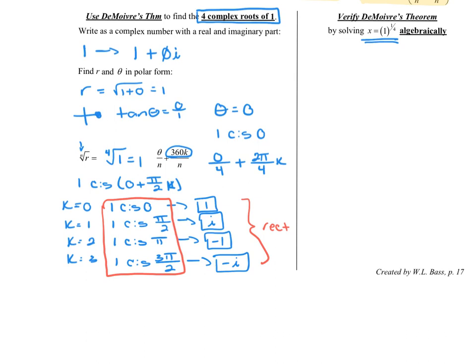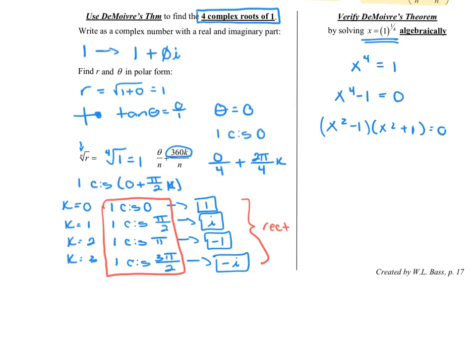It wanted us to find the fourth roots, all the fourth roots of the number 1. So if we wanted to solve this problem algebraically, this one actually is really simple. We would raise both sides to the fourth power, so we get x to the fourth equals 1. Then we would move everything over to the left side and set it equal to 0. Then we would factor the difference of squares.